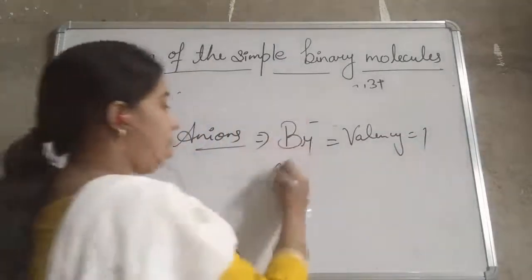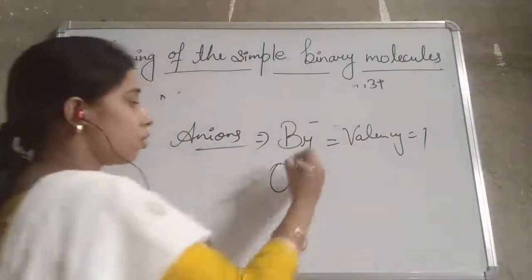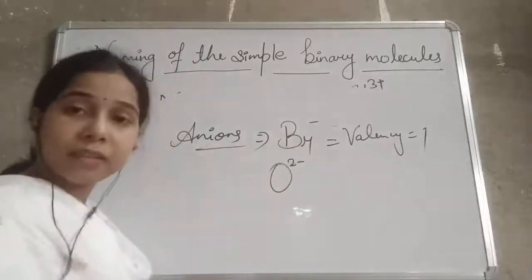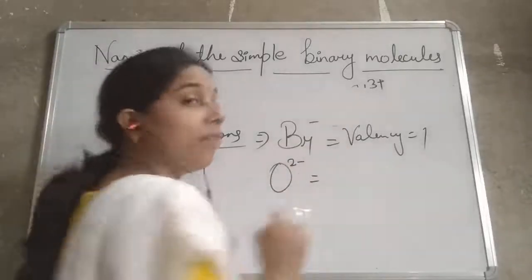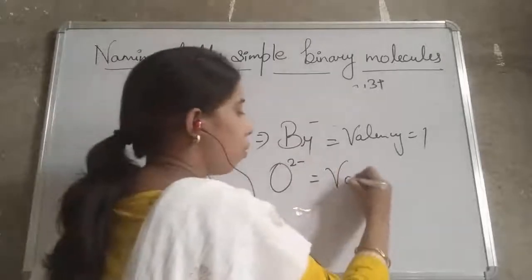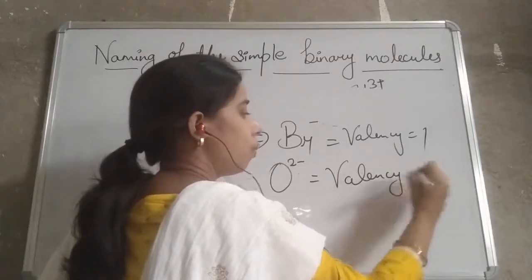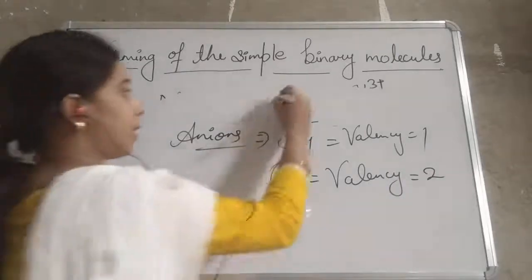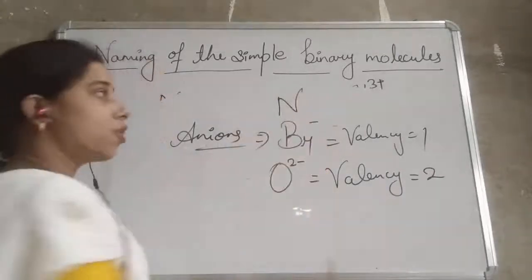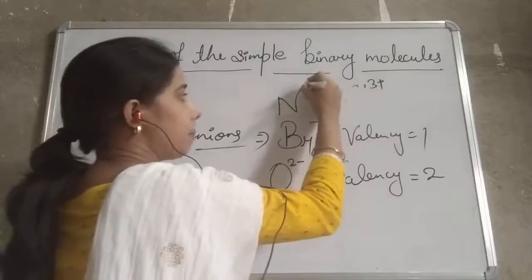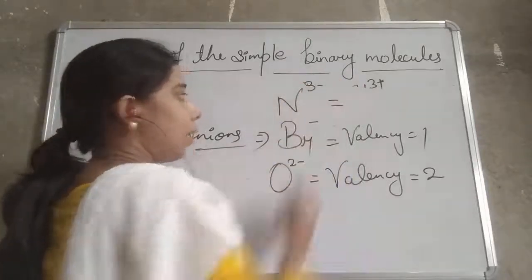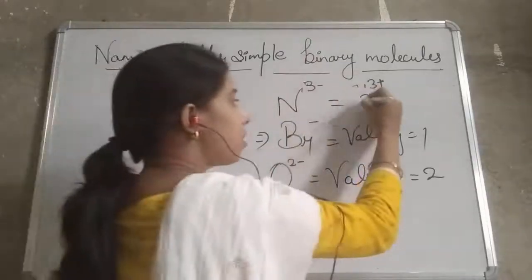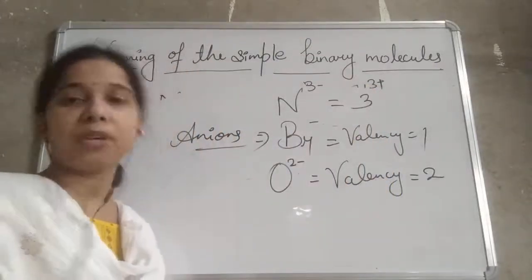If we take oxygen, the charge on oxygen is -2, so the valency will also be 2. The charge on nitrogen is -3 and thus the valency of nitrogen is 3.